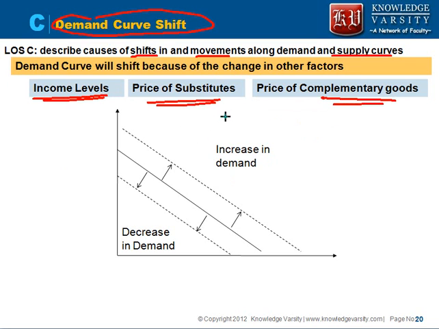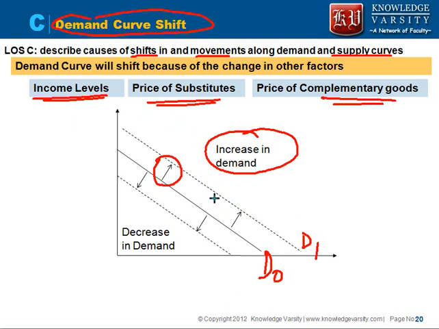If income increases, you see an increase in demand. This is our original demand curve, denoted by D0. When there is an increase in the income level, you find an increase in demand, so we shift to the right. So please note that an increase in demand is a right shift.